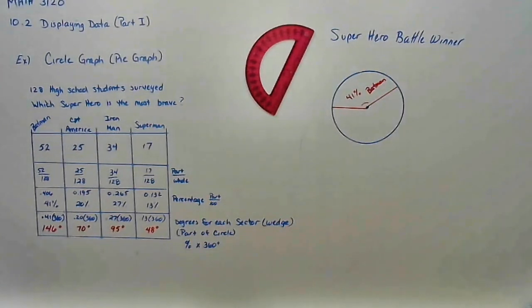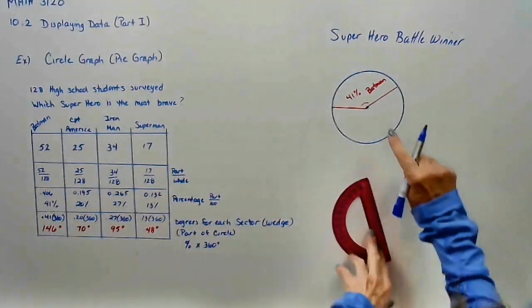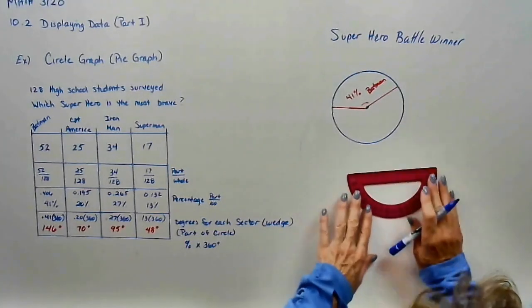Then I'm going to break off of there, and I'm going to do blue for Captain America. Captain America, I need a 70 degree wedge. So I'm going to just go off of where I was before.